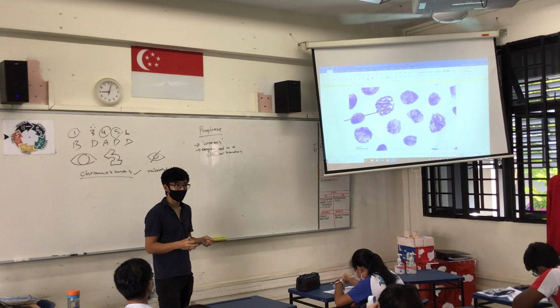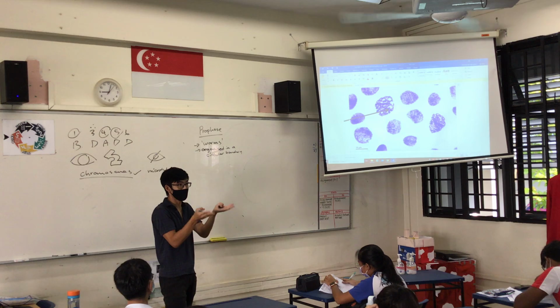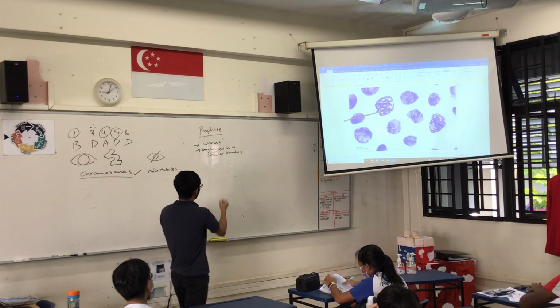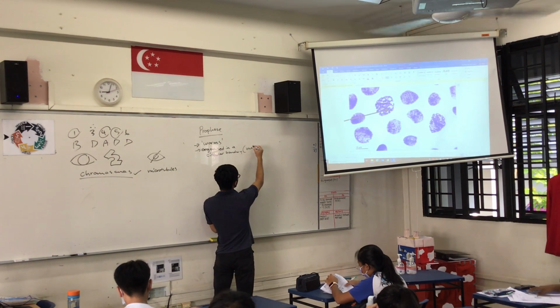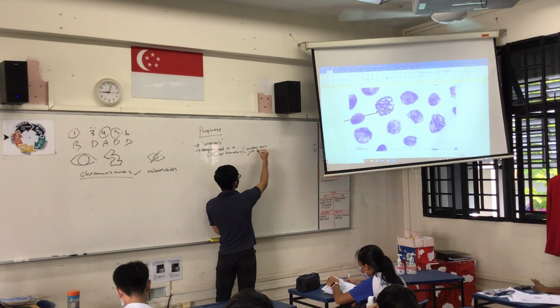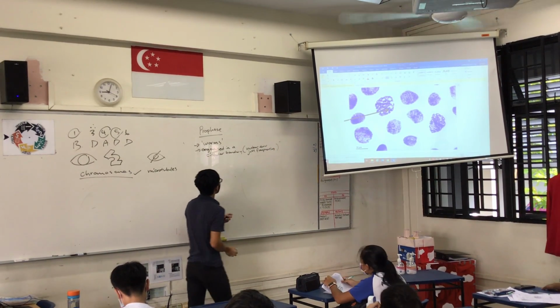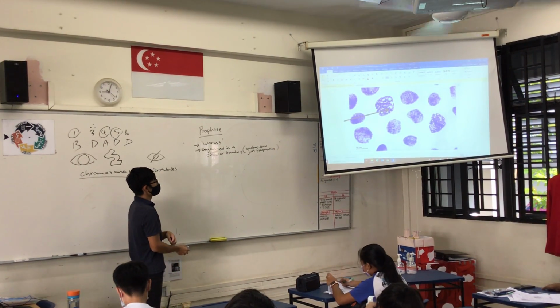That's because the nuclear envelope is just fragmenting. So that's why they are still in this formation. Imagine, it's still like that because the nuclear envelope is just fragmenting. Okay, that's prophase.